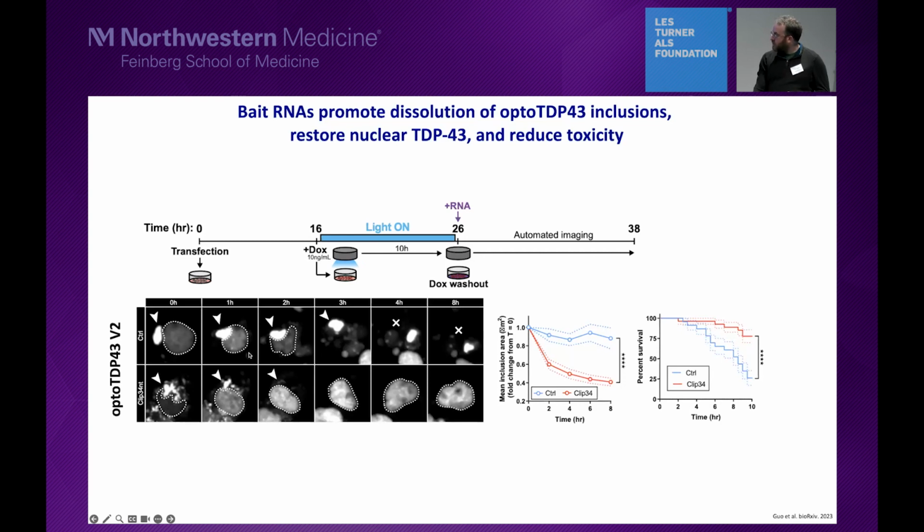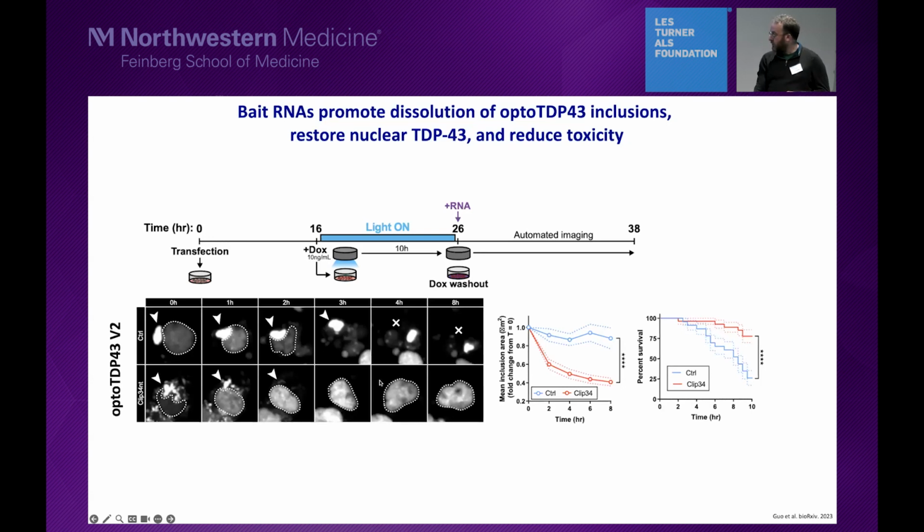By contrast, if we treat these cells with the CLIP34 RNA, here's a cell that has pronounced TDP-43 proteinopathy and even depletion of TDP-43 from the nucleus. But upon treatment with CLIP34, we're able to solubilize this cytoplasmic aggregated form of TDP-43 and put it back inside the nucleus.